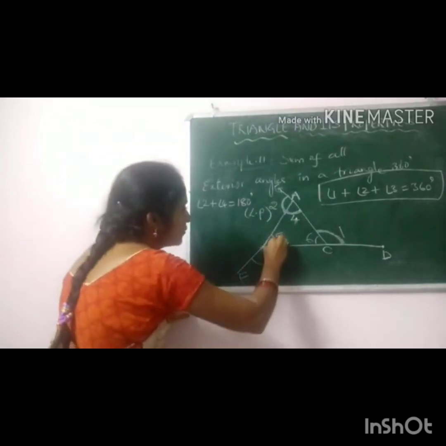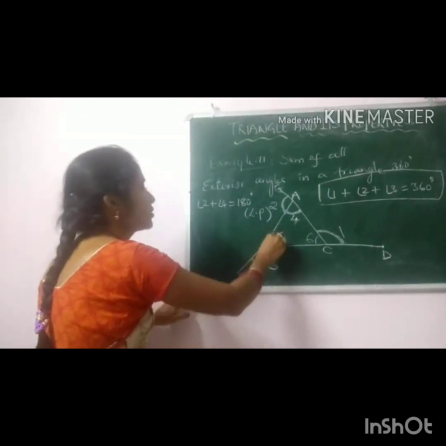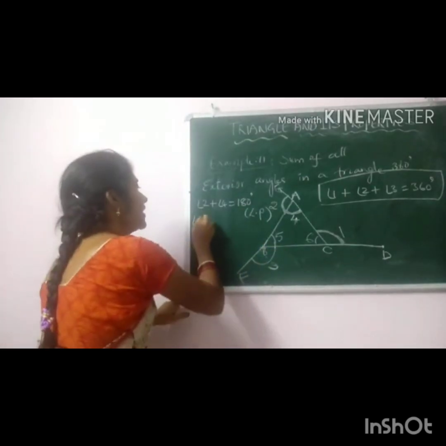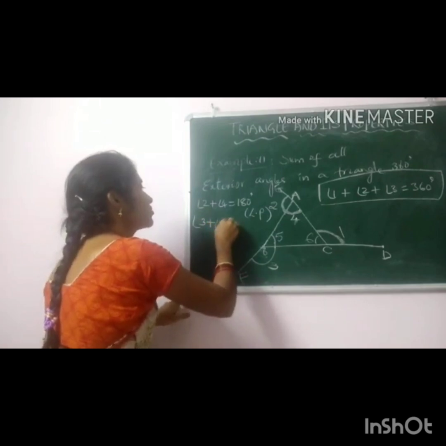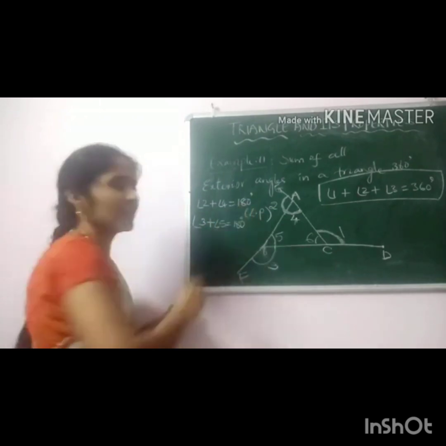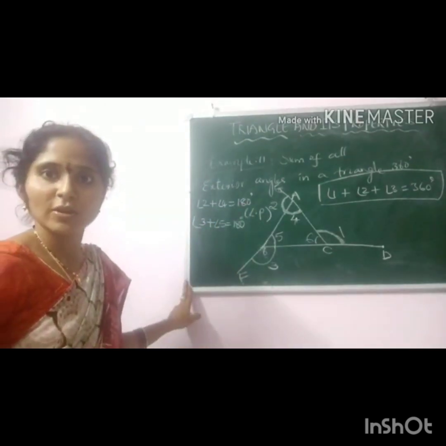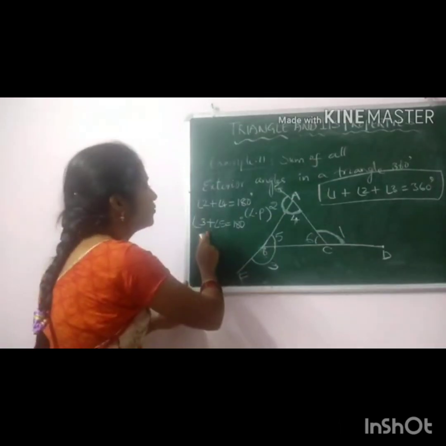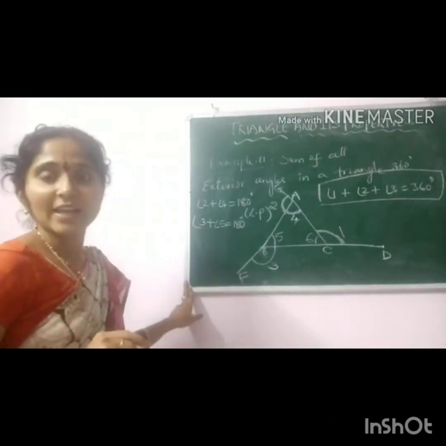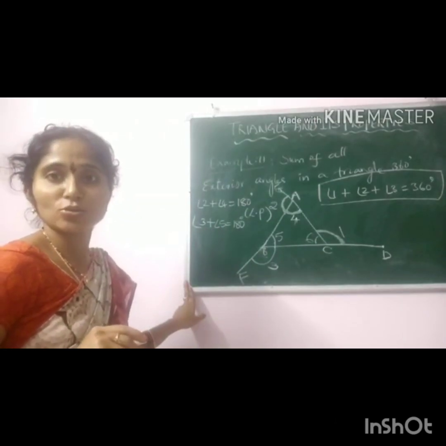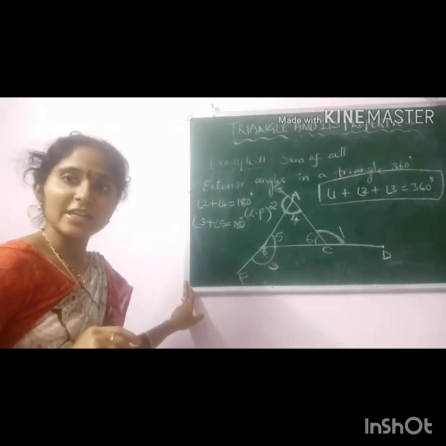And also 5 and 3 form 180 degrees. So angle 3 plus angle 5 is also equal to 180 degrees. These two angles are also a linear pair.